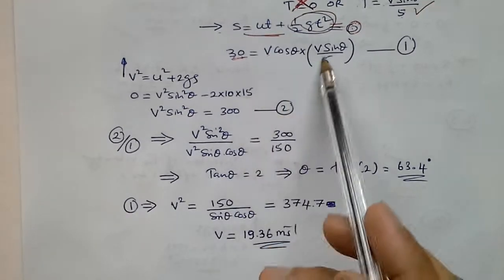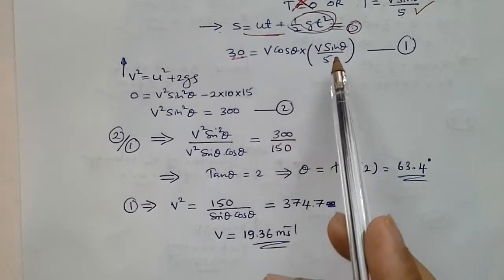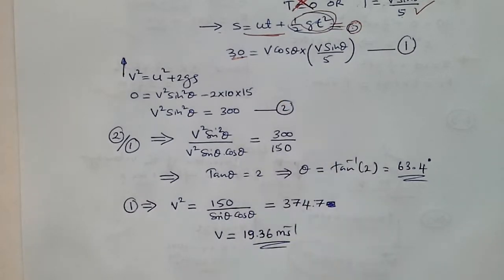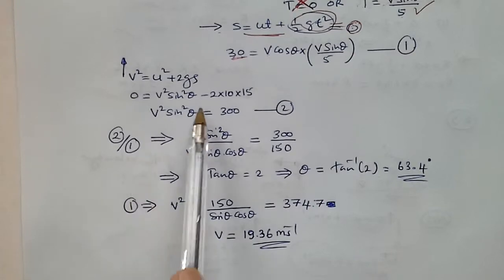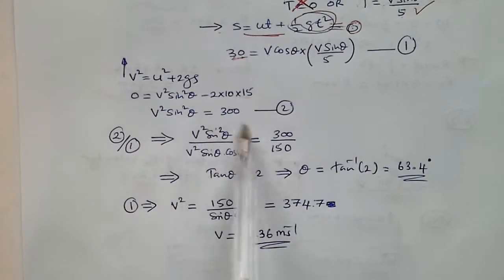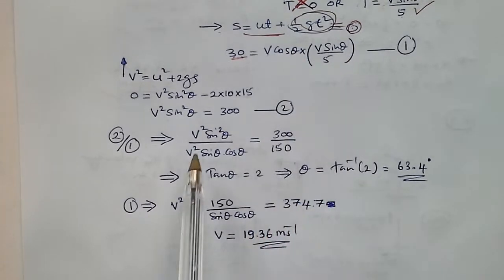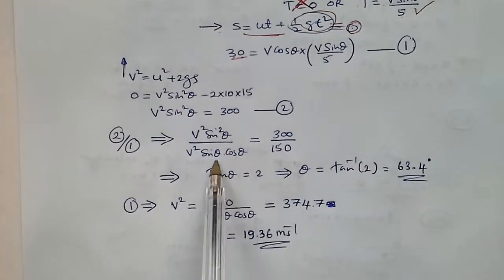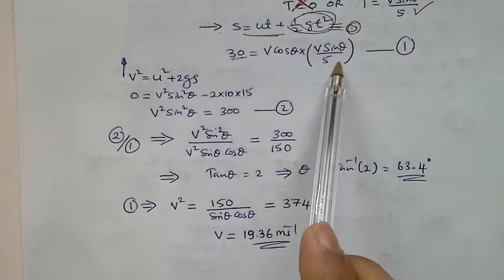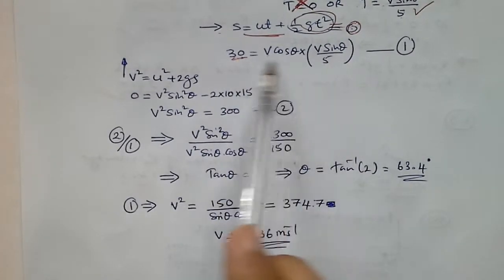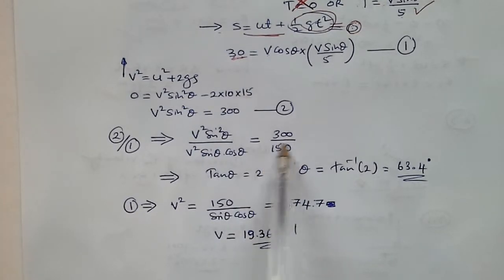Now you see you have two equations with two unknowns, v and theta. If I divide 2 by 1, on this side I will get v squared sine squared theta over v squared sine theta cos theta, which is equal to 300 by, if you multiply 5 and 30 you will get, 150.